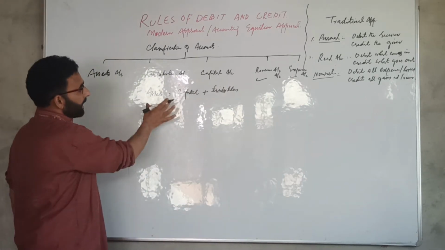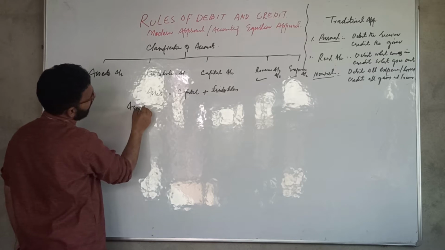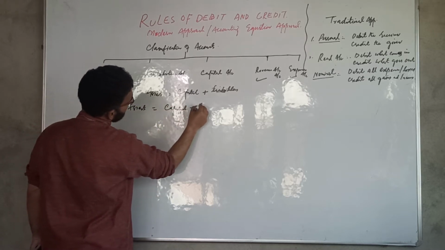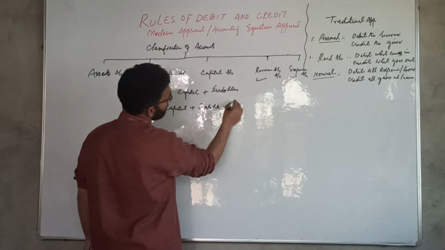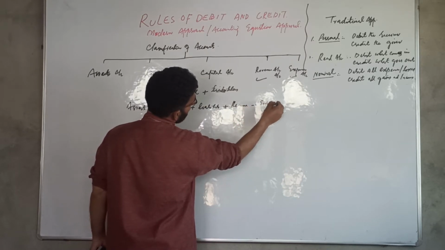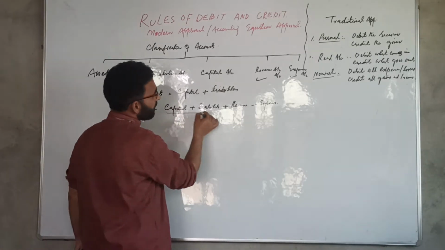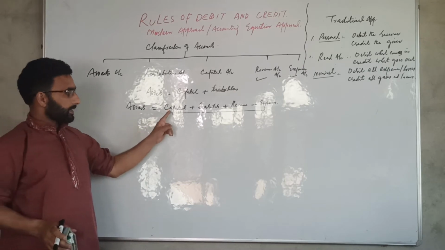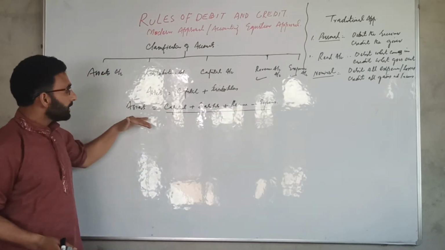If we complete the accounting equation, it becomes assets is equal to capital plus liabilities plus revenue minus expenses. This is also balanced. Capital plus liabilities plus revenue minus expenses is always equal to the assets.